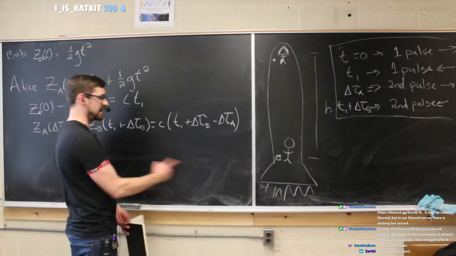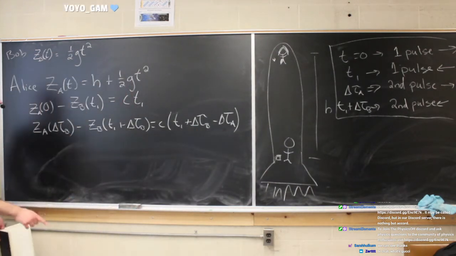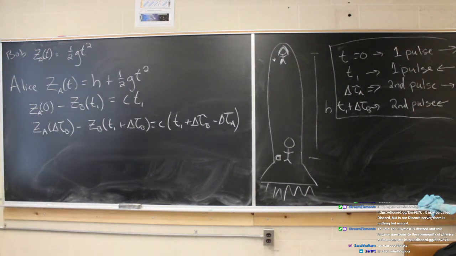Namely, it's the time difference between when this was received and this one was emitted. And this is just the distance in space from when Bob received it minus the distance from when Alice shot it out.